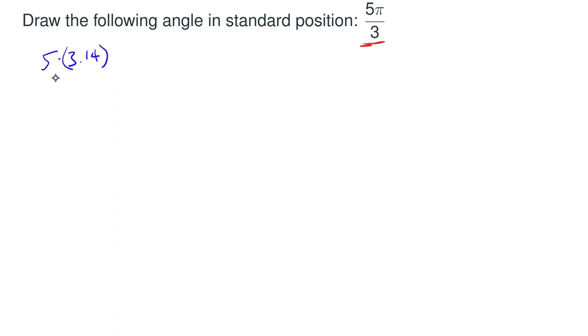So we have 5 times 3.14 over 3, which is 15.70. So this is about 5 pi over 3.